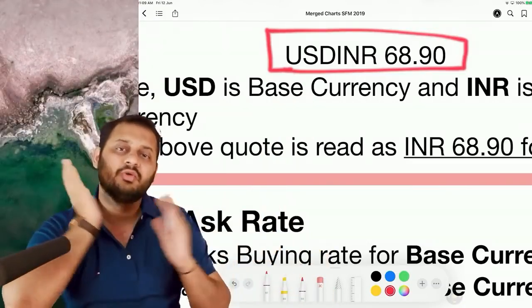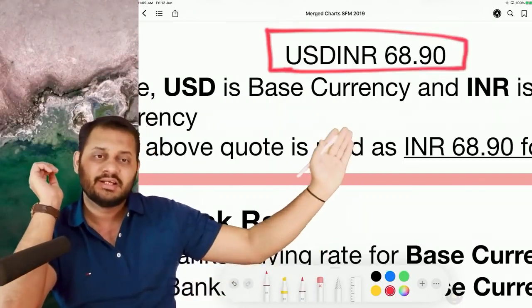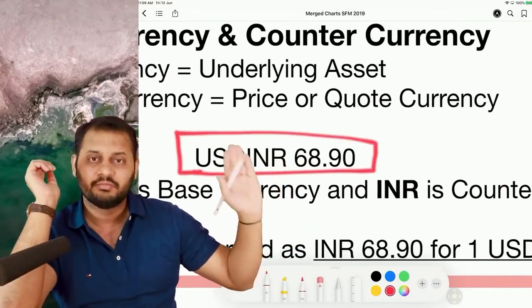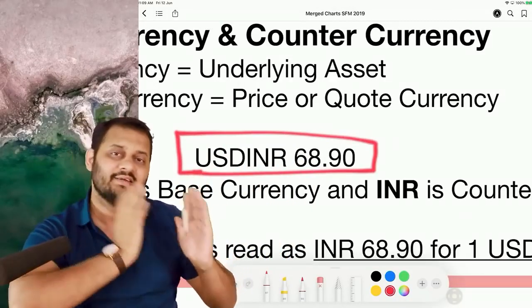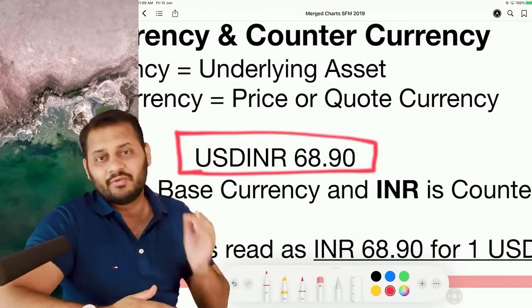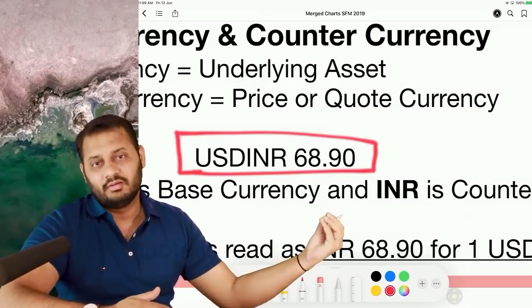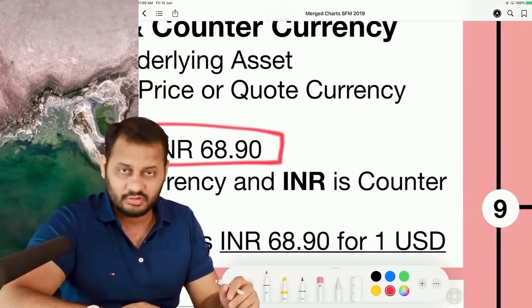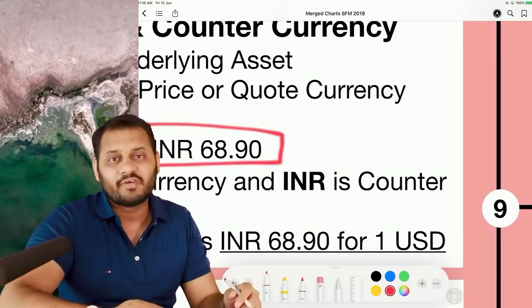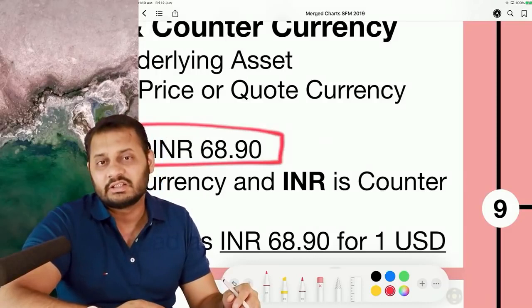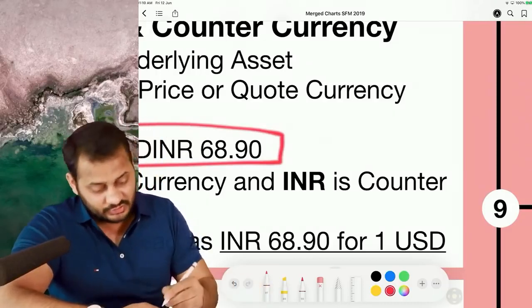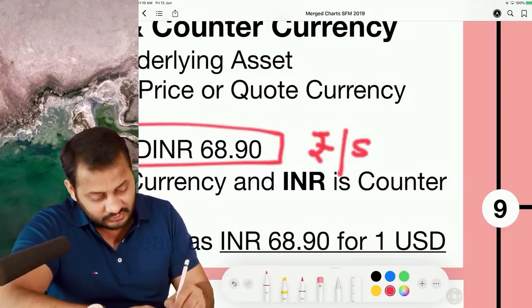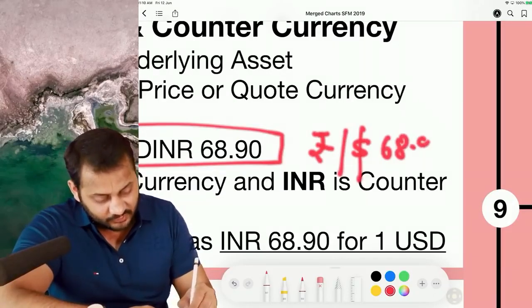From right to left. So 68.90 rupees per dollar. When it is written in ISO code, we have to read it from right to left. But when it is given in terms of symbols, because in the exam you may find lots of questions in symbolic form, at that time it will be written like this: rupees per dollar 68.90.